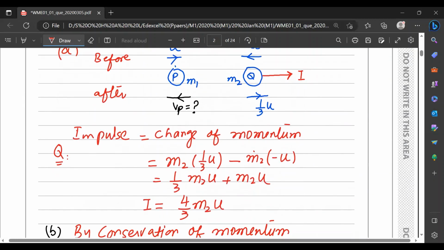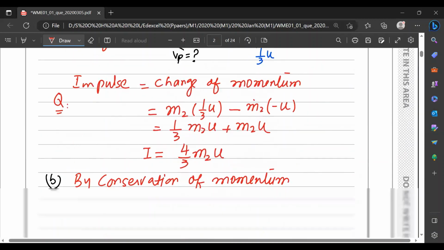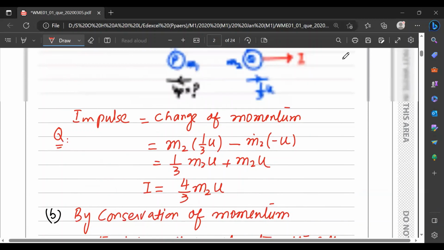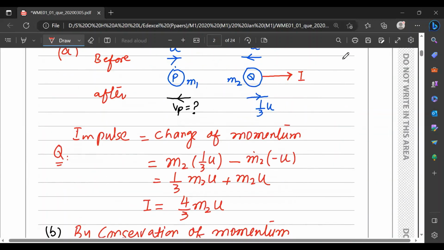So before is m1 u plus m2 into minus u, because it is coming from the opposite direction, equals after, which is m1 into minus Vp, because our reference is rightwards and Vp is drawn in the leftward direction.